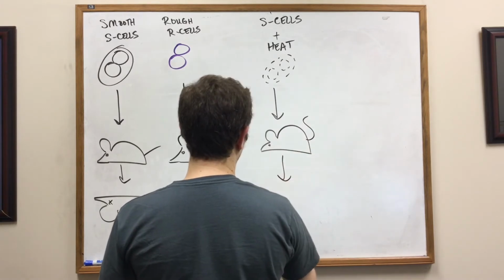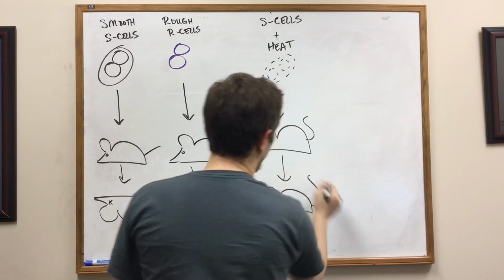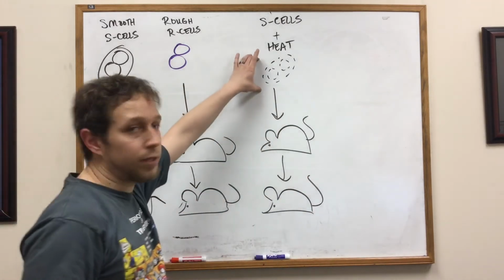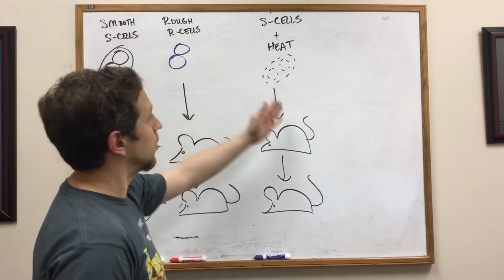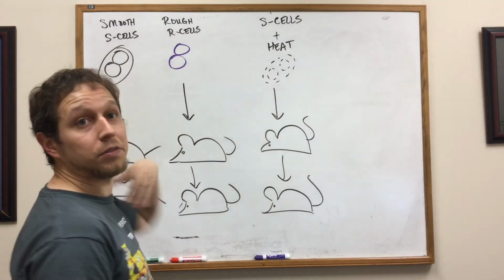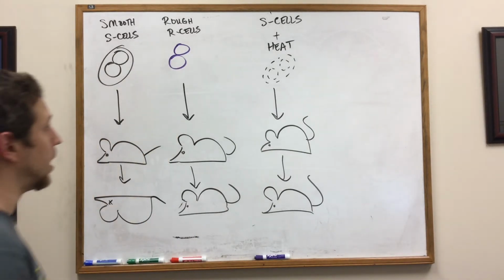And the mouse lived. This was also a control. And this control was showing that if you kill these cells, it doesn't kill the mouse because you no longer have these pathogenic cells living. They can no longer create the toxic environment that ultimately kills the mouse.